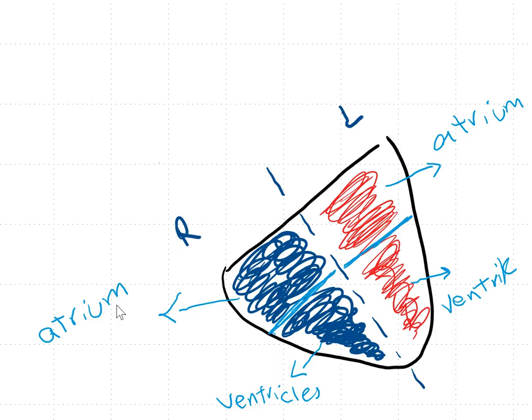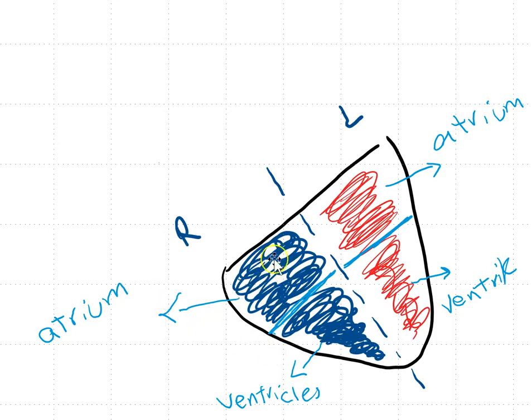The right atrium contains deoxygenated blood. The right ventricle contains deoxygenated blood. The left atrium contains oxygenated blood, and the left ventricle contains oxygenated blood.